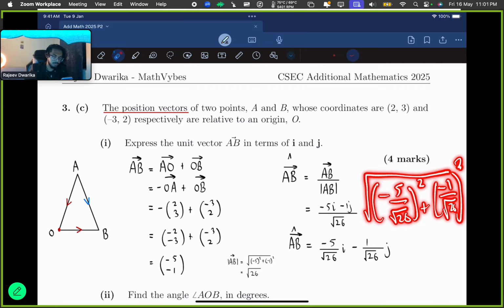I put this in wrongly. Check it out. Seeing that is equal to 1?